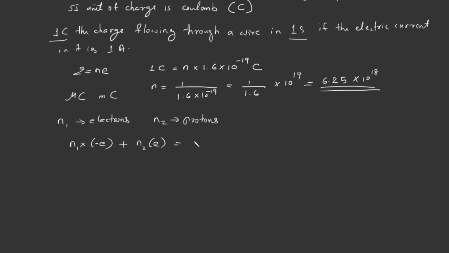That can be written as n2 minus n1 into e. Now look at what is n1. n1 is an integer. What is n2? n2 is also an integer. Therefore, n2 minus n1 is also an integer. This means that charge on any body can be increased or decreased also in steps of e, that is the base unit.